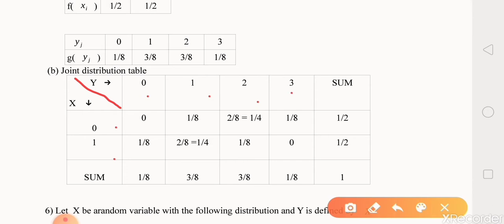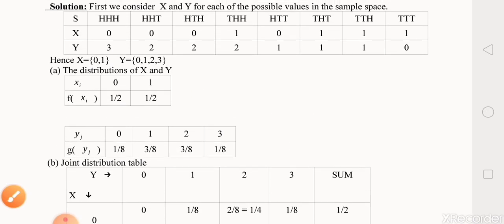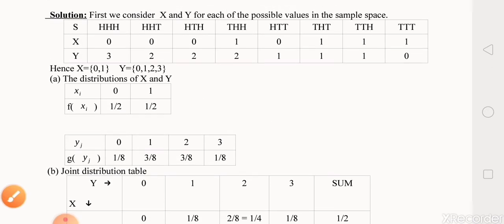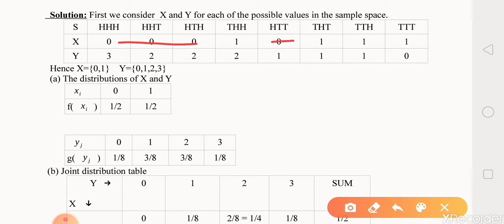Now X equal to 0, Y equal to 0. Look at the sample space. When X equal to 0, we don't have a Y equal to 0 case. So X equal to 0, Y equal to 0 is 0 only.